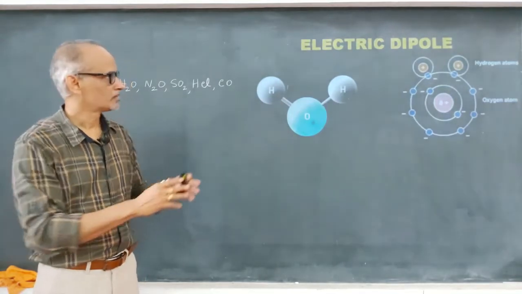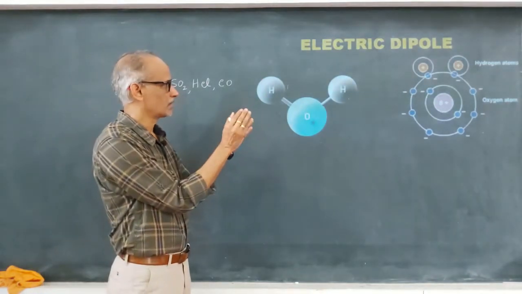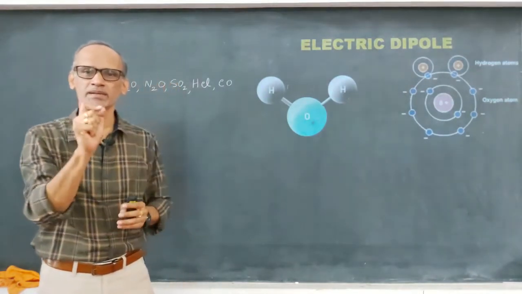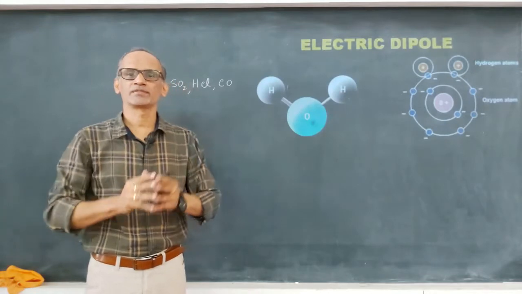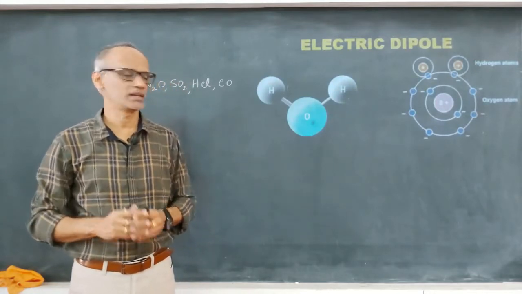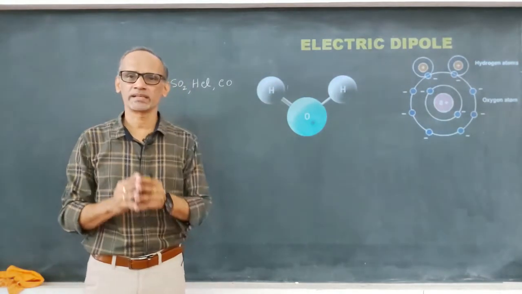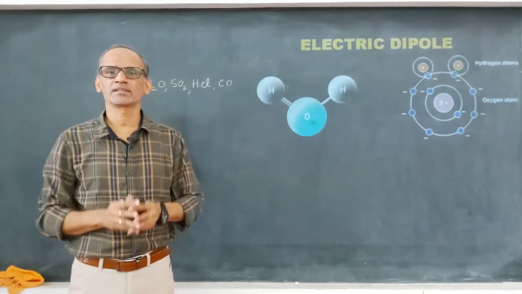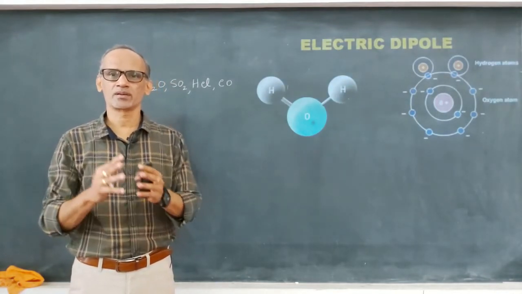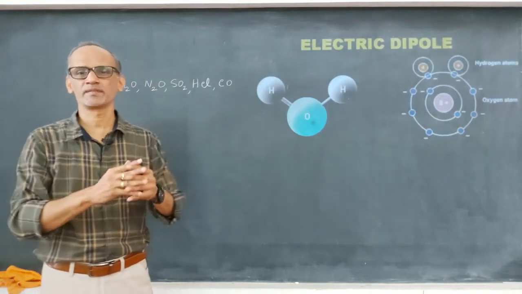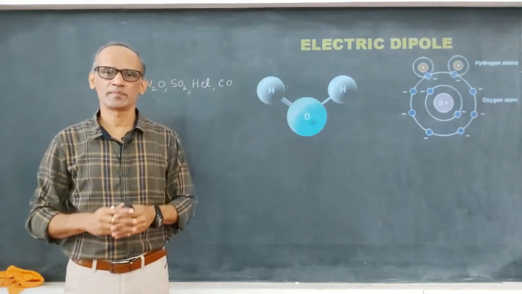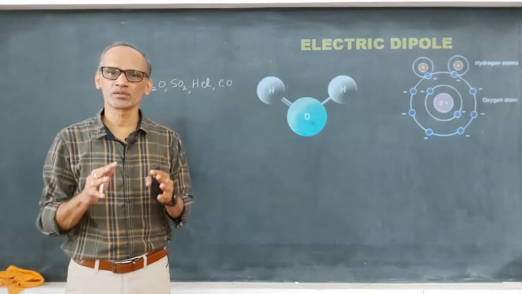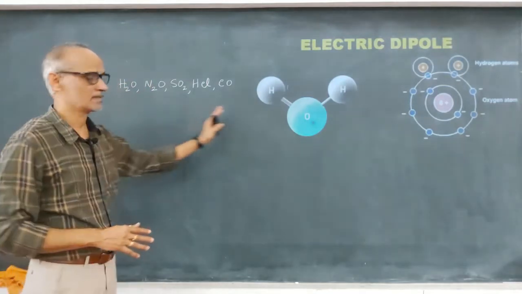Center of positive charge: for all the positive charges there exists a particular point where the entire positive charge is assumed to be concentrated. Similarly, for all the negative charges there exists another point where all the negative charges are assumed to be concentrated. These are called the center of positive charge and center of negative charge, and they do not coincide in all these molecules.